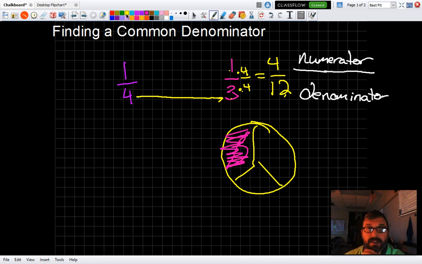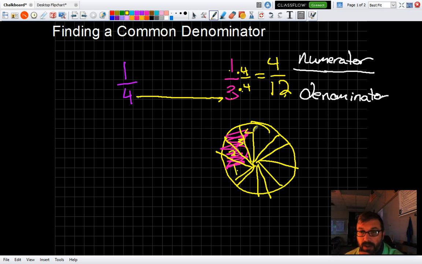But I'm going to break this into 12ths, and let's see how good Mr. Holloway is at his math. So this is going to be 6ths. And then I'm going to cut each one of these in half again. And that's 12ths. And I have 1, 2, 3, 4 of them colored in. So this checks. 4/12 and 1/3 is the same thing.